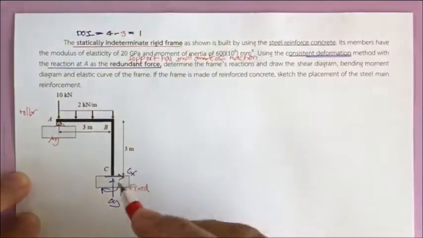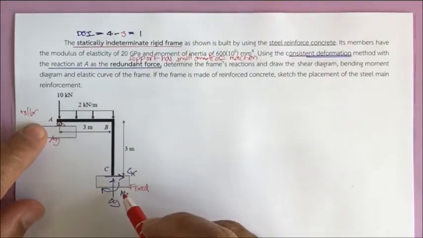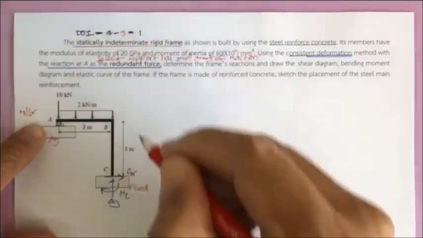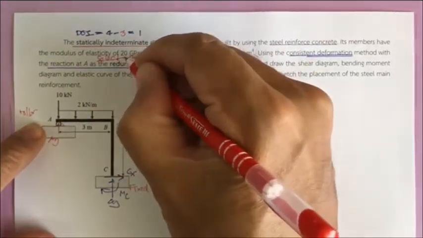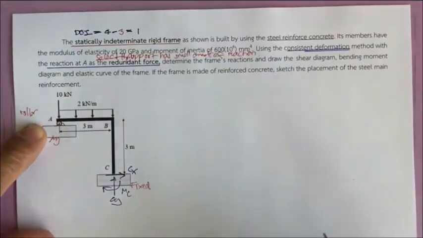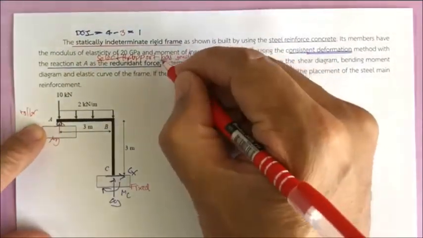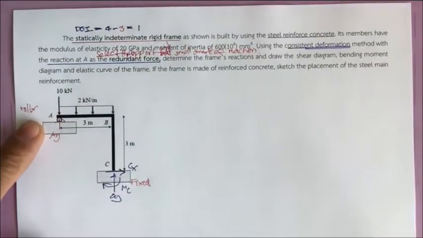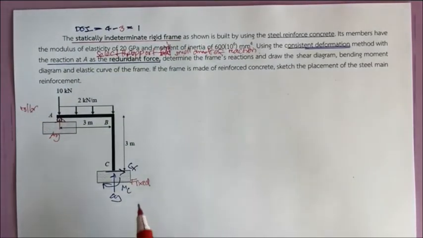For this one, this has 3, this has 1, so we select the support with the small amount of reaction. So we didn't select C sub x or C sub y. That's going to be difficult to solve for the deflection.